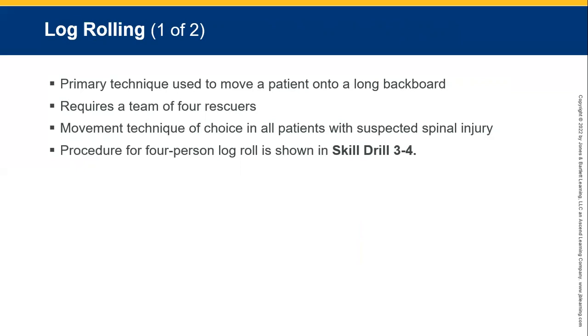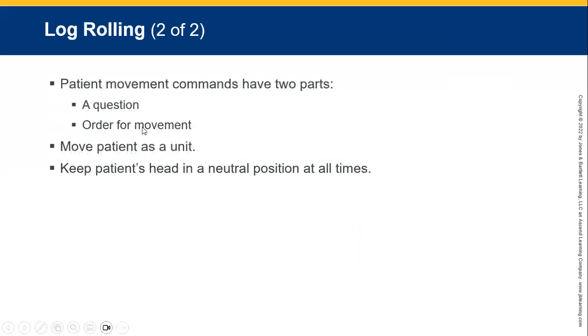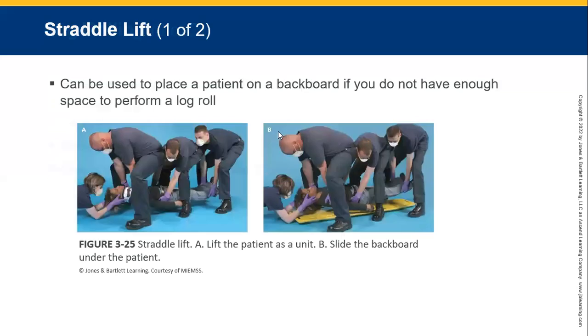Always follow his example, always follow his commands to the T. Patient movement commands have two parts, a question and an order. Always move the patient as a unit. Keep the patient's head in a neutral position at all times. If the patient rolls, the rescuer rolls with the patient, or the rescuer moves the head at the same time or position as the patient rolling.